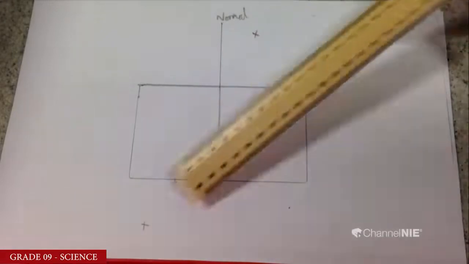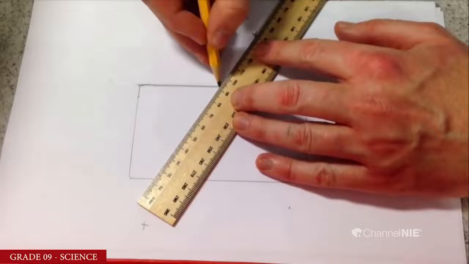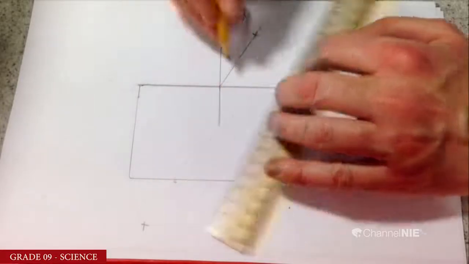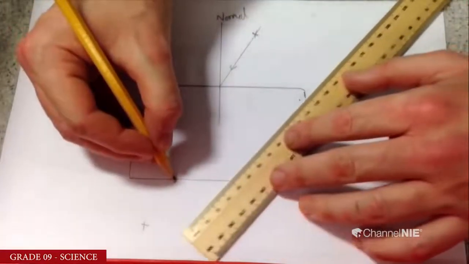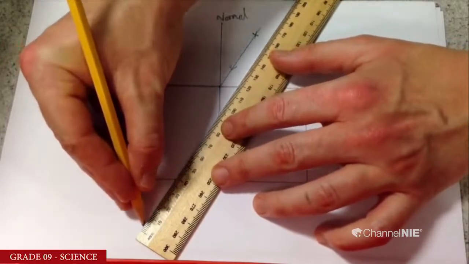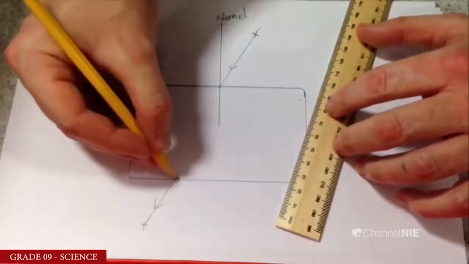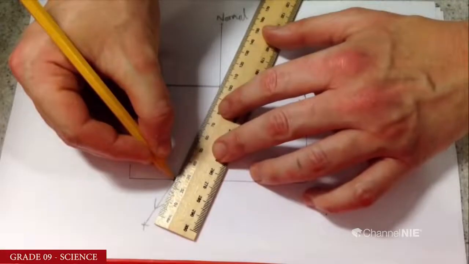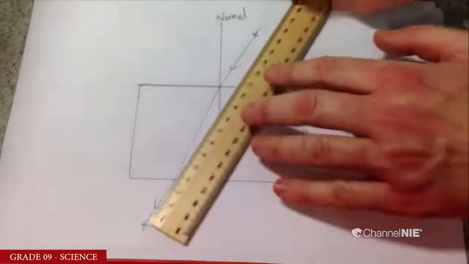Now remove the glass block and you can connect these 2 points to get the incident ray. So, you can mark the direction using an arrowhead. Then draw the emergent ray as well in the same way and mark the direction using an arrowhead.